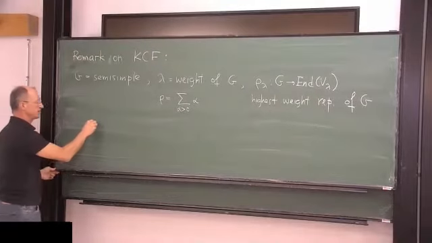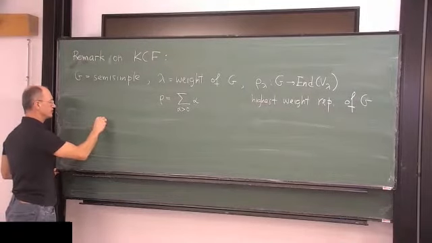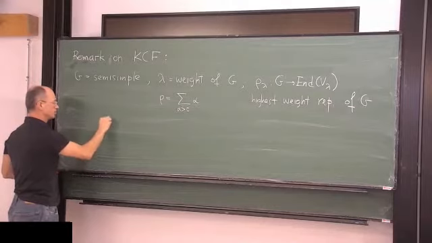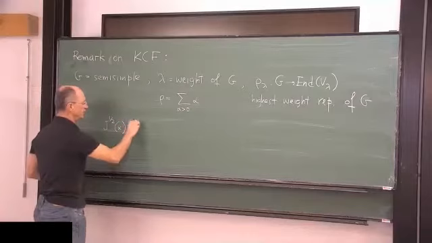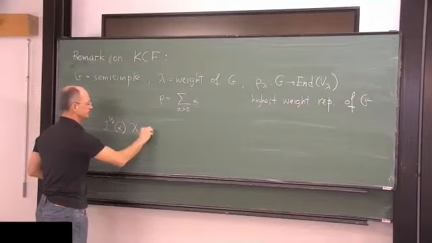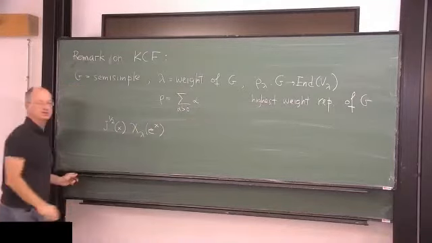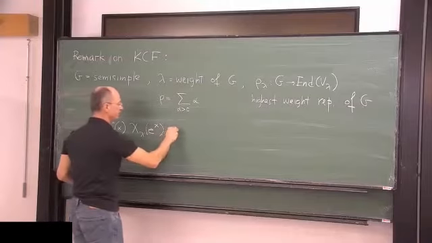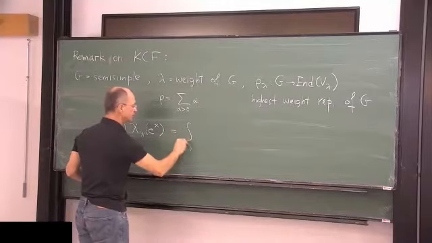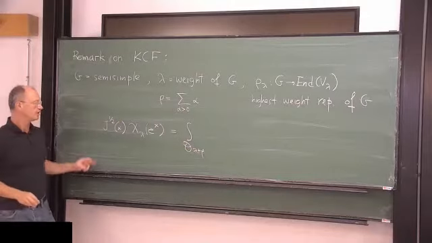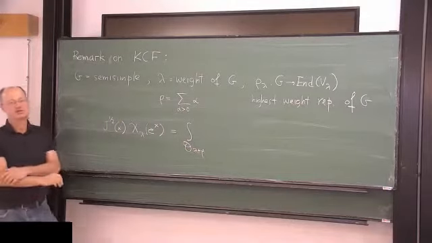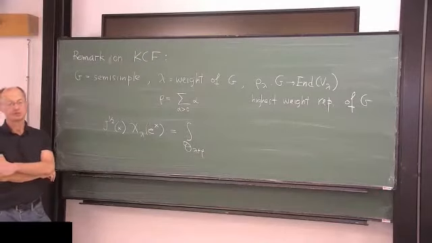And then in this case, a somewhat more precise version of the Kirillov character formula says that J^{1/2} times the character of the representation is equal to the integral over the coadjoint orbit of the point lambda plus rho. You see, last time we had examples where there was a shift of weight by 1 from m to m plus 1.